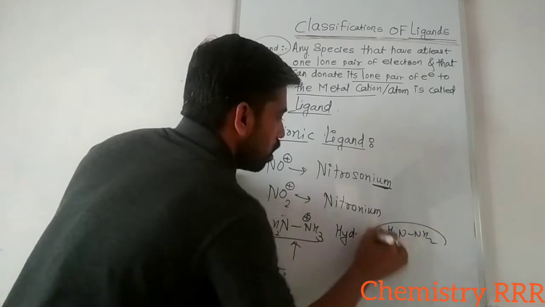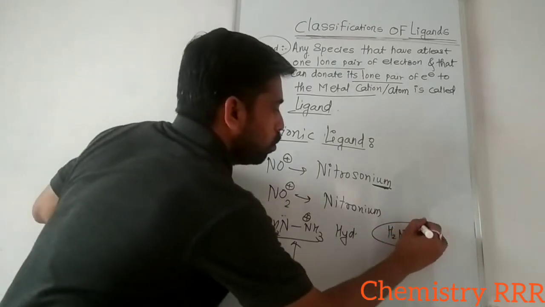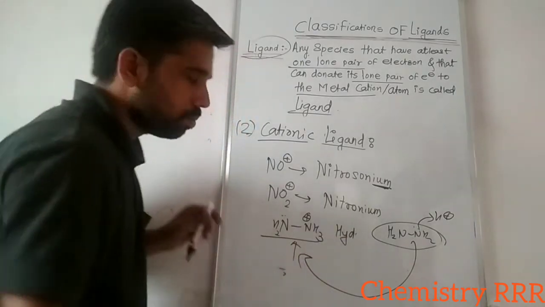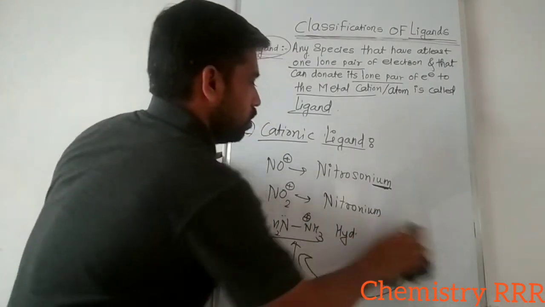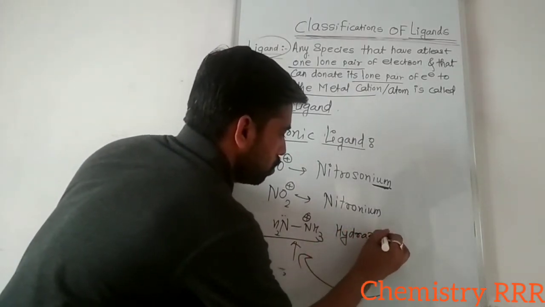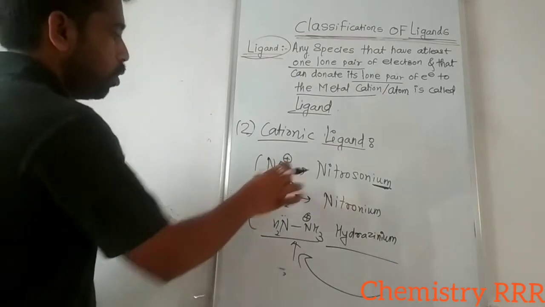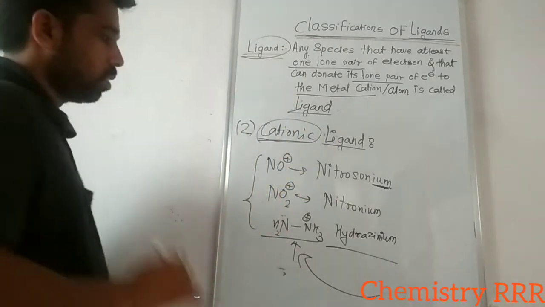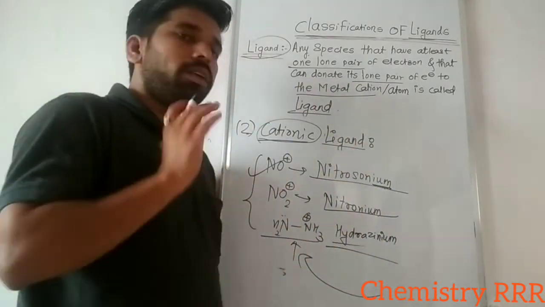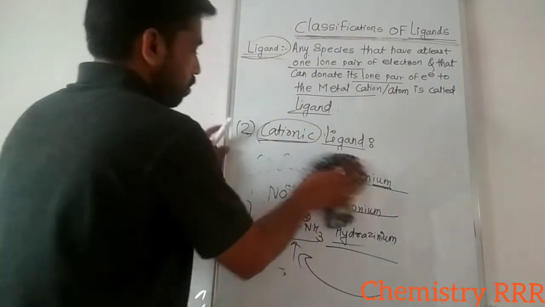The structure is hydrazine, and the corresponding ligand, by gain of one hydrogen H plus, becomes hydrazinium. Only three ligands are important in the category of cationic ligands: nitrosonium, nitronium, and hydrazinium.